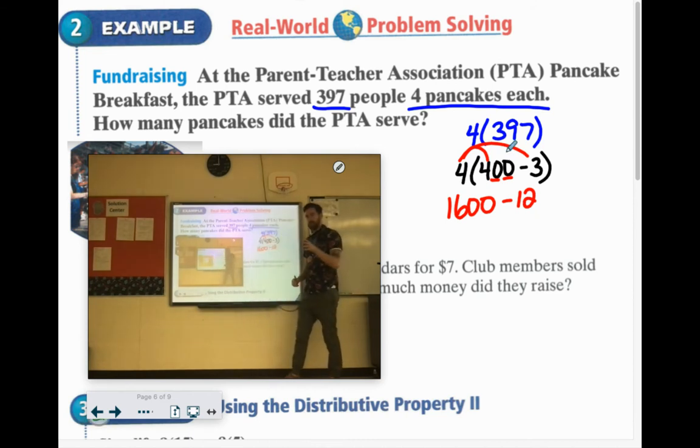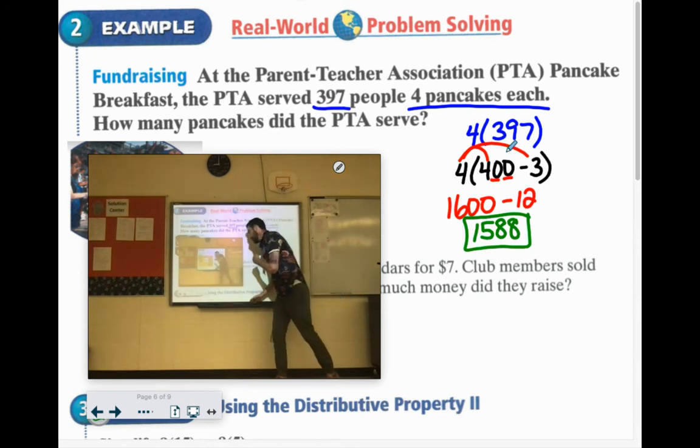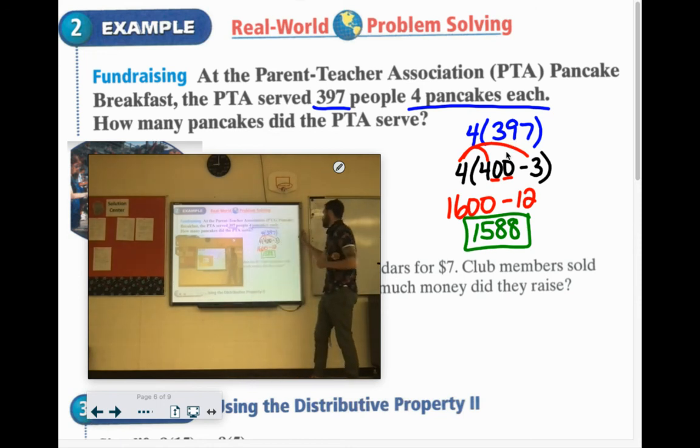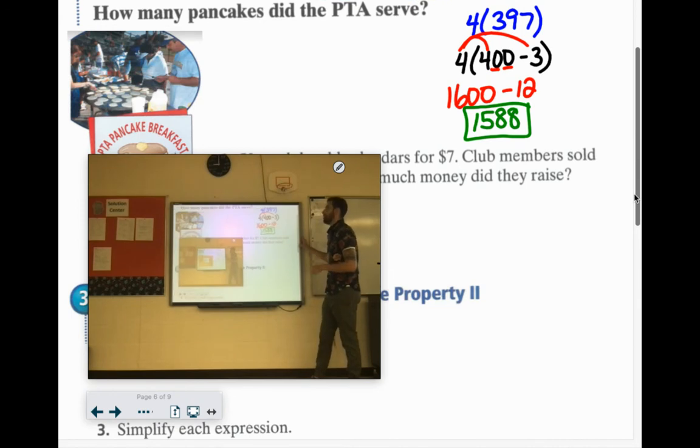Think of 100. If you subtract 12 from it, 10 off of 100 would be 90, and then you take 2 more off, it'd be 88. So we'd have 1588.